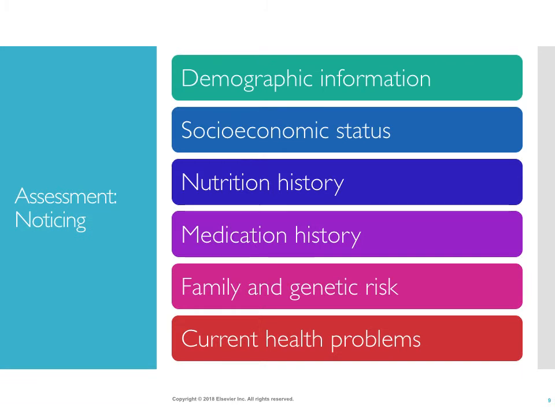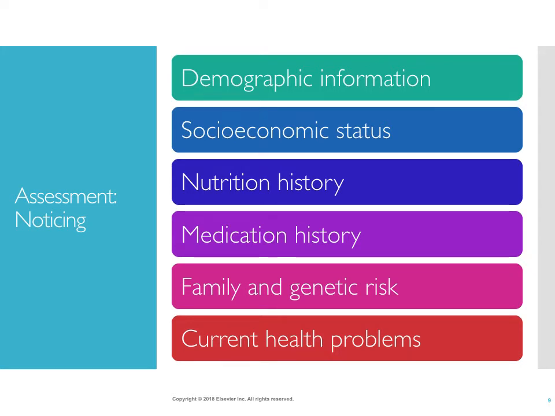When we're assessing the kidney and people with kidney problems, we want to look at demographic information. We also want to look at their socioeconomic status. So, as I've talked to you before, socioeconomic status has a lot to do with how people eat, and how people eat has a lot to do with how their kidneys function.